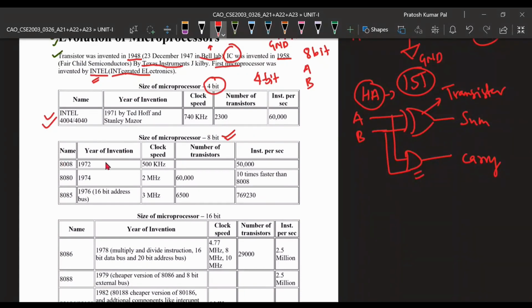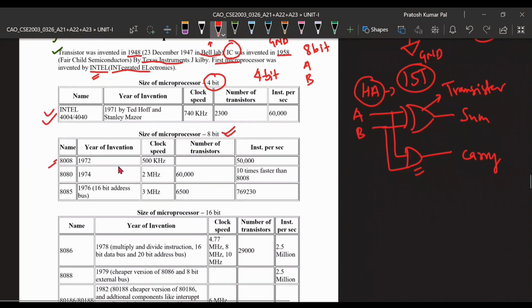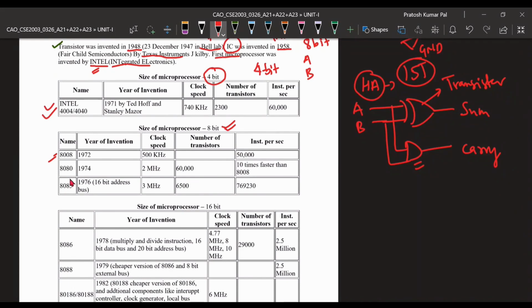Then similarly for 8-bit microprocessors, the first one was 8008. I think you might have gone through the microprocessor class, or you might be going into it in your coming semesters. You will be studying the 8085 and 8086.